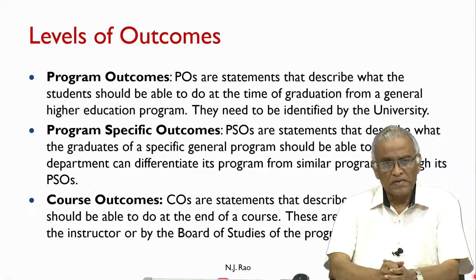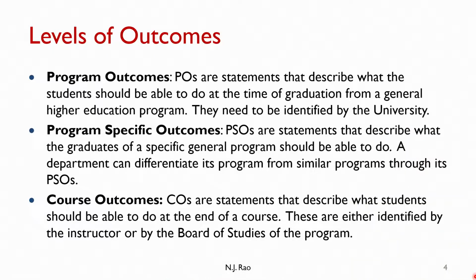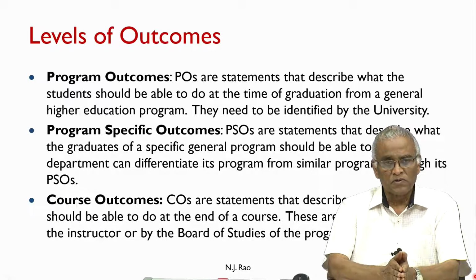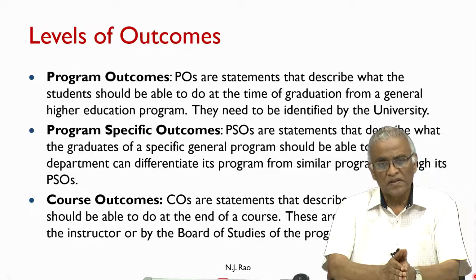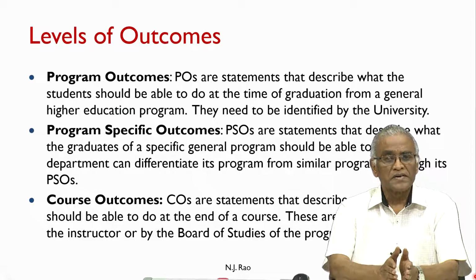And then comes the next level, program specific outcomes. They are statements that describe what the graduates of a specific general program should be able to do. A university will identify the program specific outcomes through the board of studies for that particular program, but the same program may be offered by all the affiliated colleges.